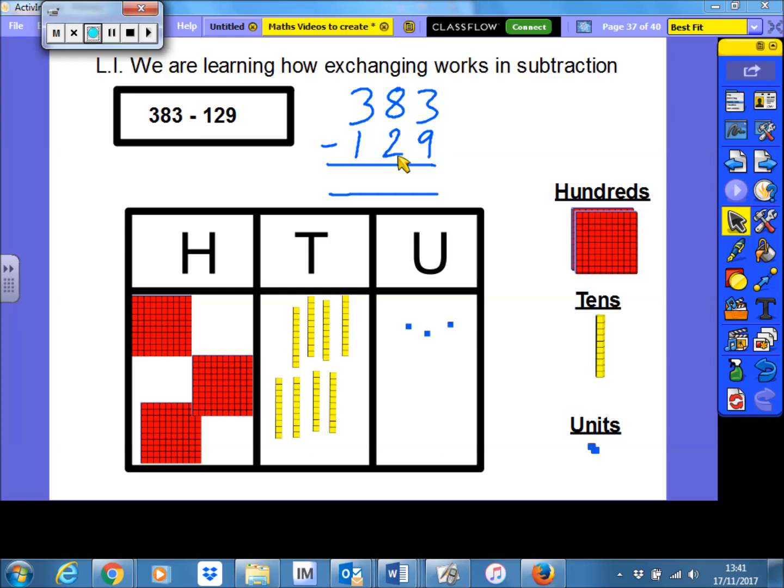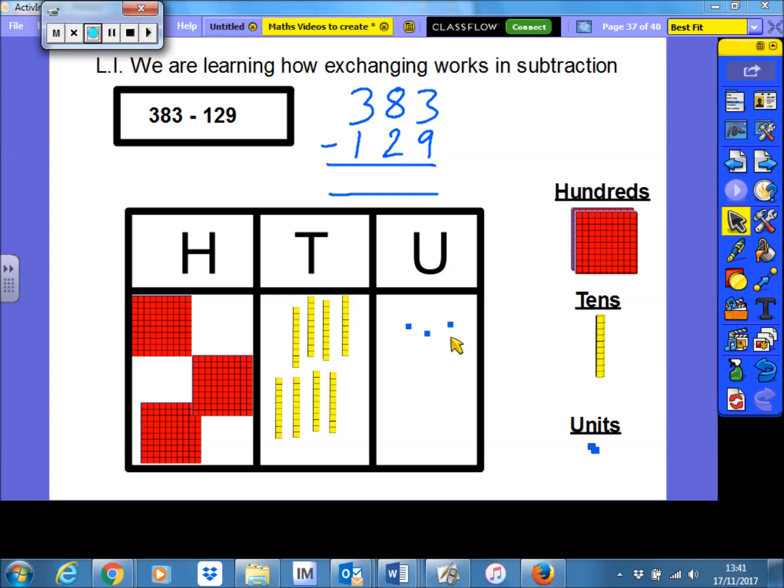And I'm trying to subtract 129. Now we're going to start with the units again, and our first sum is going to be 3 take away 9. Well, if we have a look in the units column here, I only have 3 units. At the moment, it is impossible to take away 9 from that.